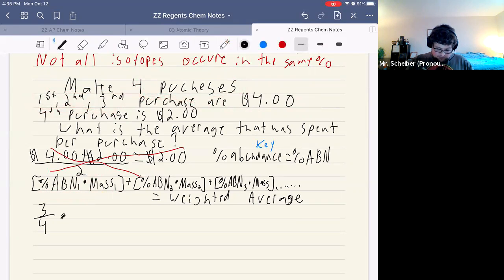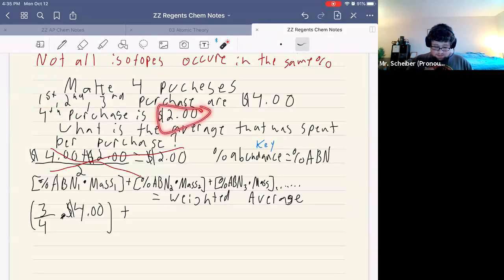That times $4, plus, now over here we only spent $2 once. 1 out of 4 purchases times $2.